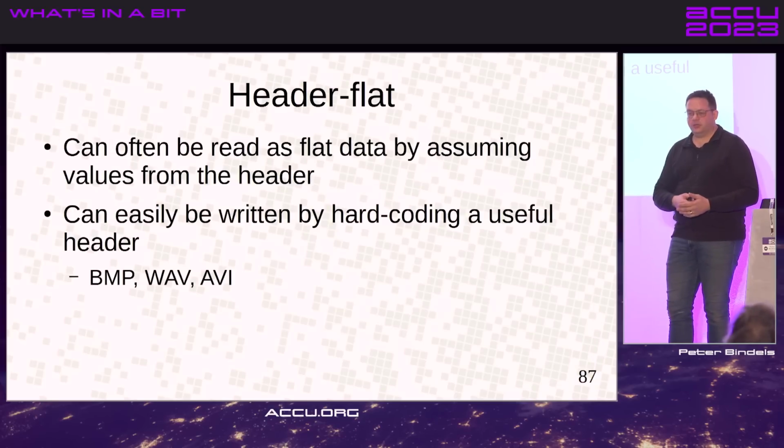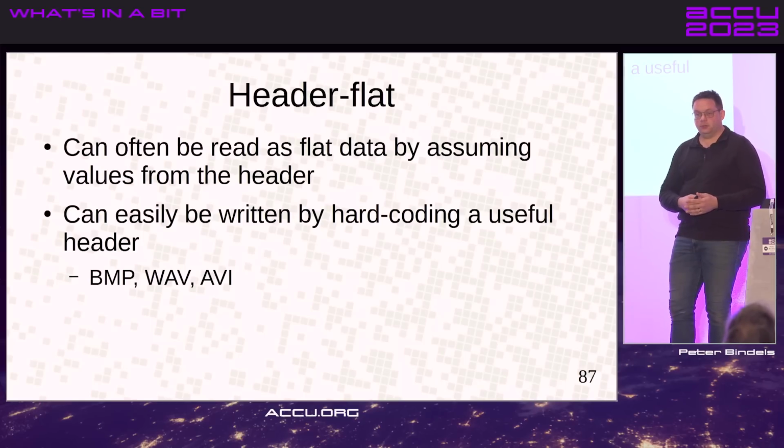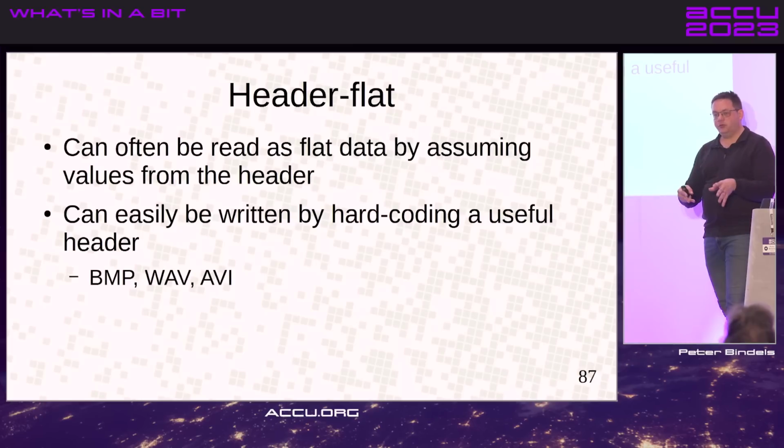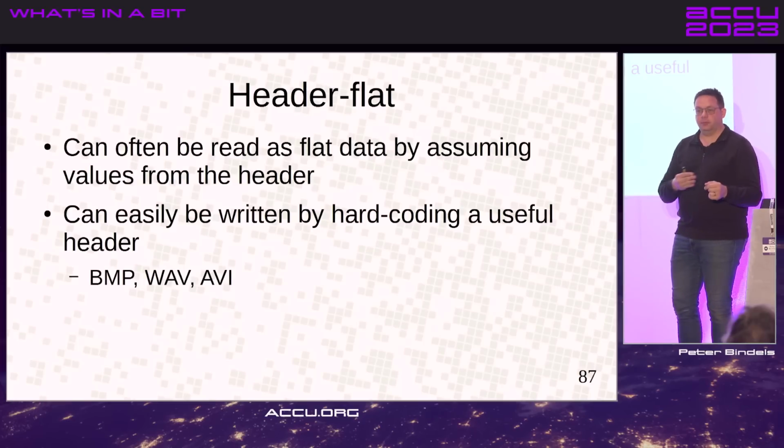So header and flat files, these are a lot more useful already. You can often read them like a flat file if you guess the right values, just by skipping the header. So if you're trying to make some debug code and you want to write out an image, this is the kind of file format that you really want. You can write a WAV file, dump a prefix header that says it's going to be just raw audio, and then take your audio and just dump it in the file.